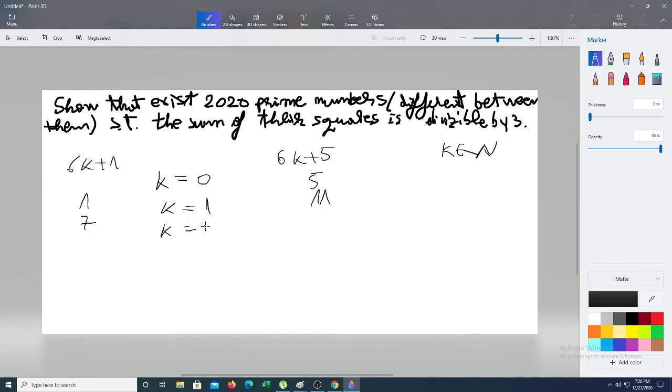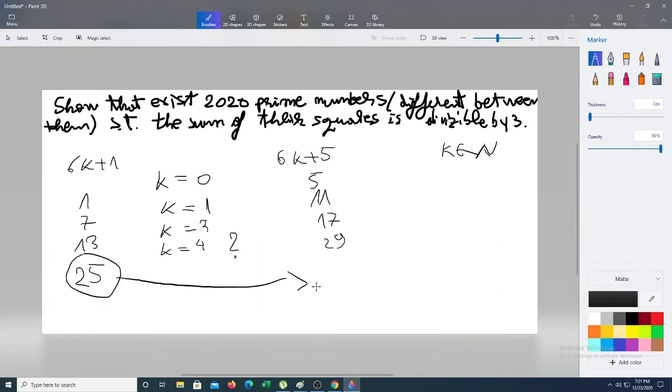K equals 2, we have here 13 and 17. But for k equals 4, what about it? Let's say 4 times 6 is 24 plus 1 is 25. Oopsie, this is not prime. And there we have 29.